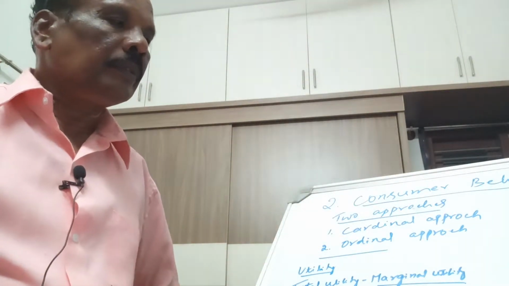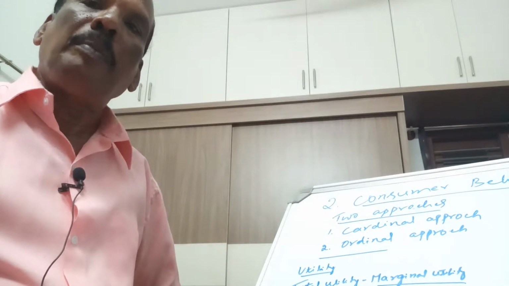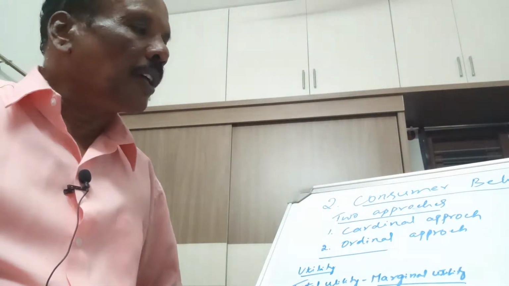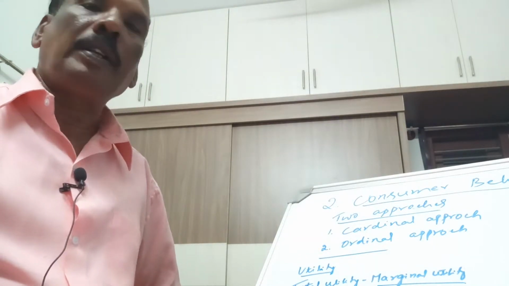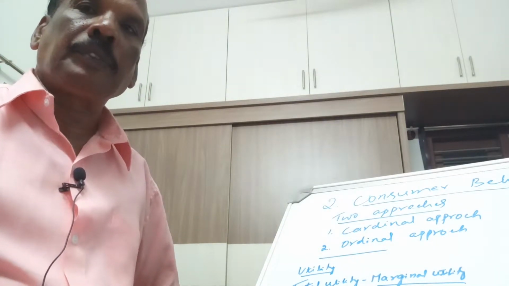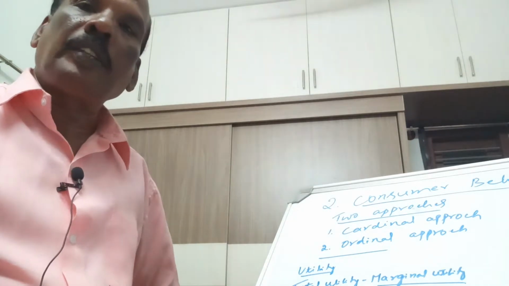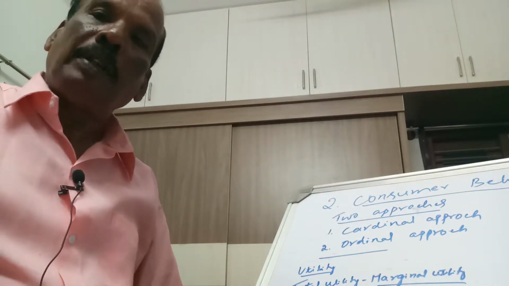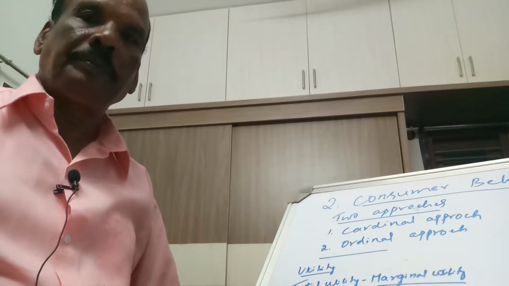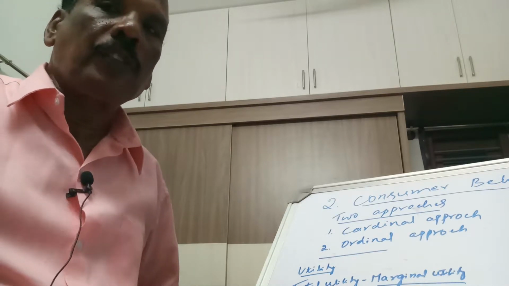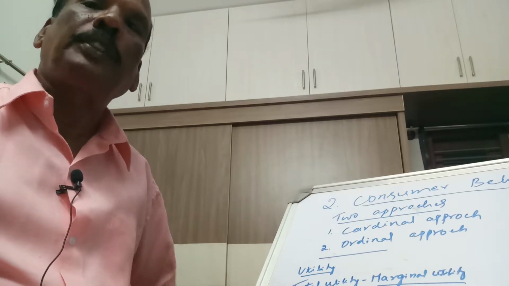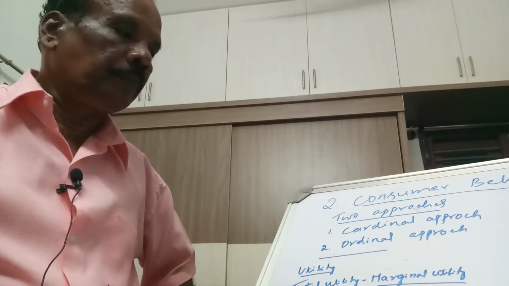And the law of diminishing marginal utility belongs to this Cardinal Approach. Since this law of diminishing marginal utility was developed by H.H. Gossen, this law is called the first law of Gossen.